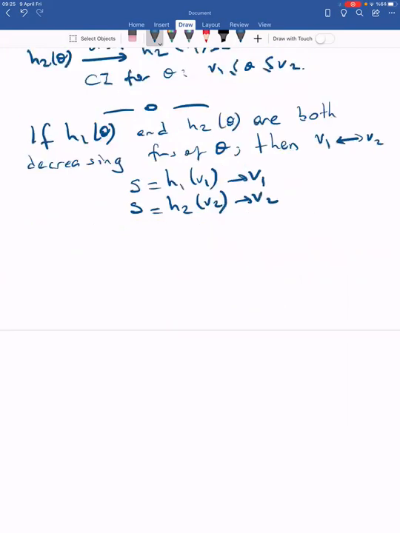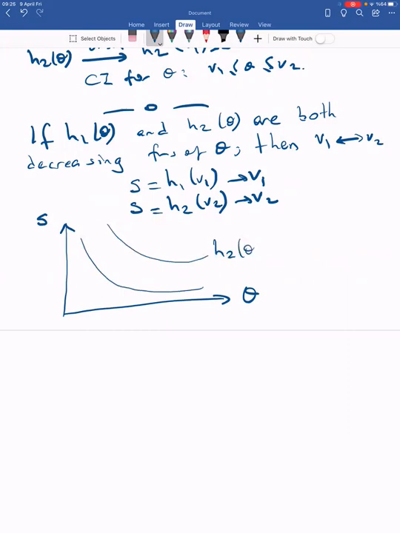Okay, so let's try to draw its shape. How can we get it? Let's say again, this axis is theta, this axis is S, and let's say we have two functions like that. So this is h2(theta), this is h1(theta). These are decreasing functions of theta. So let's say we have an S value.